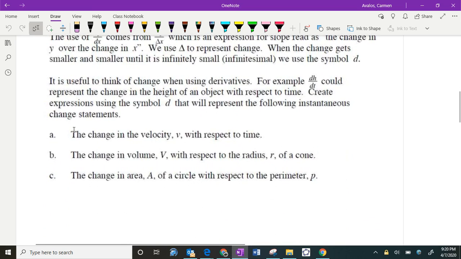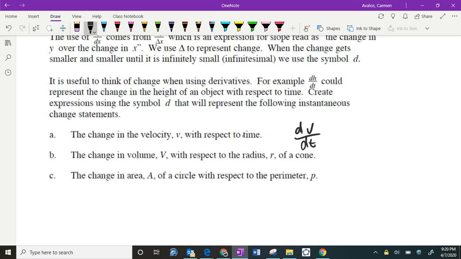So if I were to say the change in the velocity, v, with respect to time, time is the one that we already know, and we're talking with respect to time. And if you guys remember, it was going to be dv over dt. So the velocity is changing with respect to time.